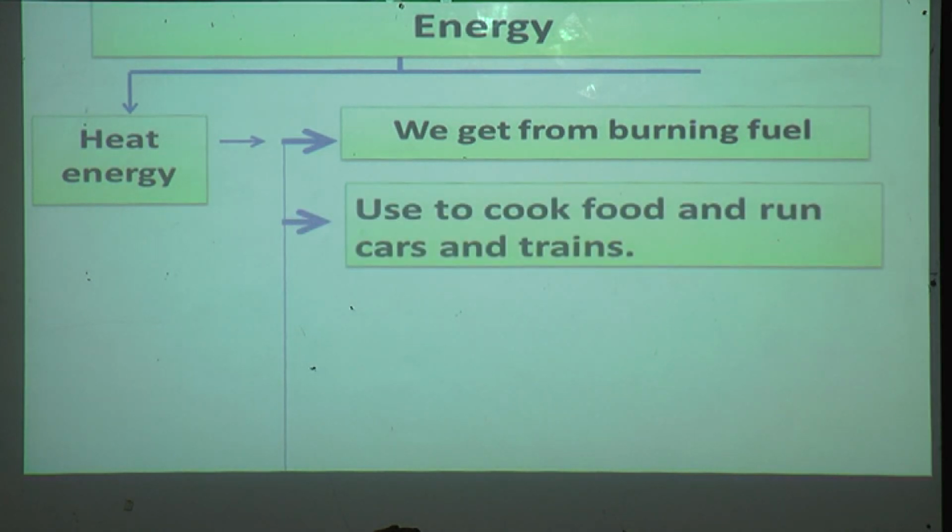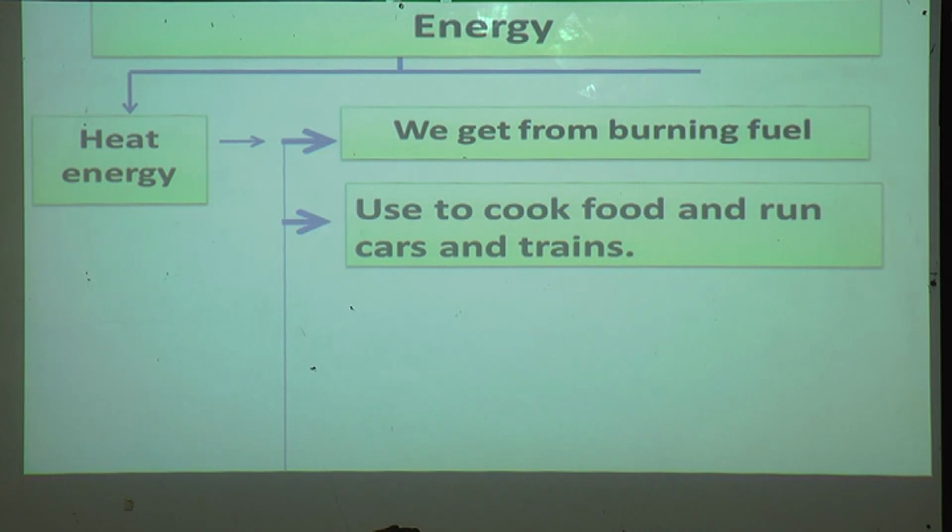It is used to cook food and run cars and trains. For cooking food we use gas. When we turn on the gas, the heat energy is transferred to the stove and it gives heat energy. Because of that the food will cook.